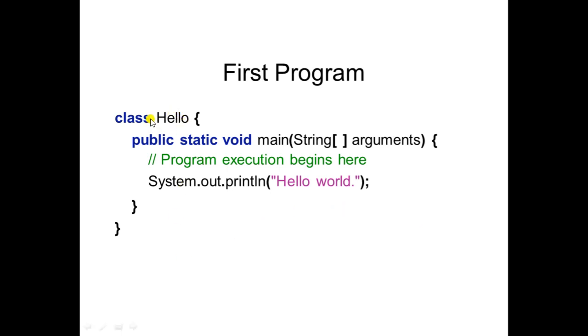So in our first program, how can you write the Java program? You need to write a class. So class will be a keyword here, which you need to write as it is. Then the name of the class, and this is user defined. This can be called an identifier. And here you have to remember one thing, that the name of the class should begin with a capital letter.